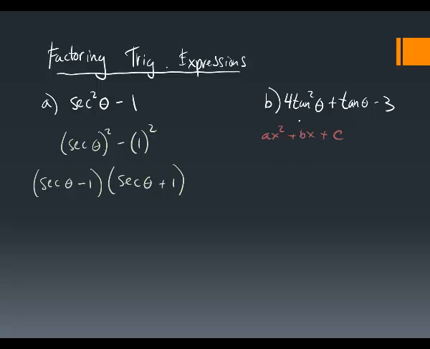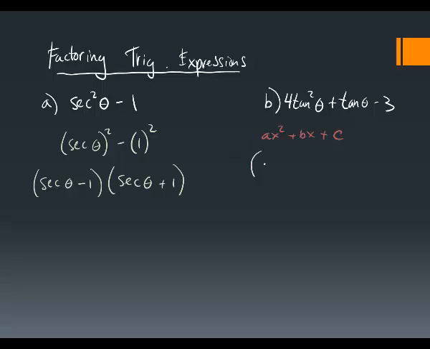Two numbers that multiply together to be 12 and add together to be tangent theta. Sounds kind of funny, but these two multiply together. So we can do 12 tan as well.